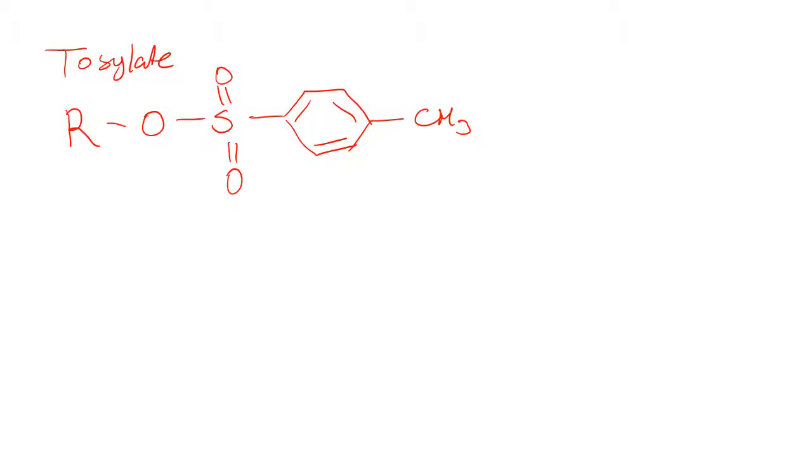But of course, this tosylate is not the only molecule that can perform magic like this. Other molecules such as hydrobromic acid can do such substitutions also. But in terms of tosylate-like molecules, there is another one called brosylate.